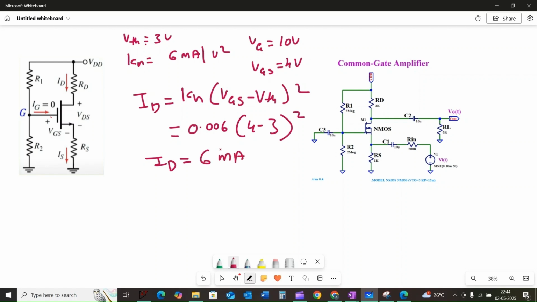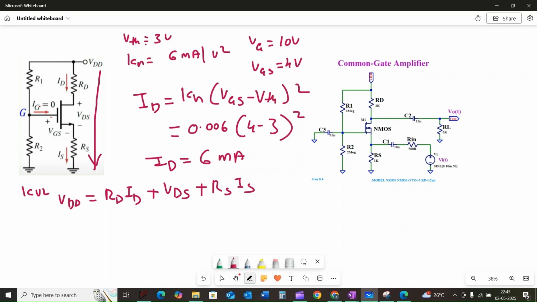Now we must verify the second saturation region condition. We can determine VDS by using the Kirchhoff voltage law at the output loop. As per KVL, the VDD is equal to RD into ID plus the drain to source voltage VDS plus IS into RS.